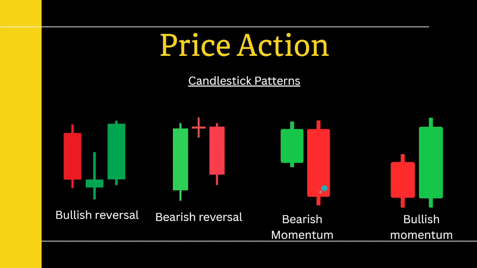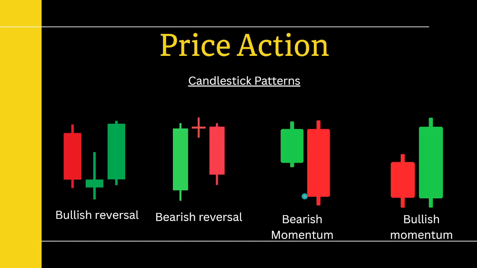We also have bearish momentum and bullish momentum candles and patterns, which means that when you see a candlestick that is, for example, here in this case green, and then it is followed by an engulfing candle. What does engulfing candle mean? It means that the candle followed by it is way bigger and it closes below it all.